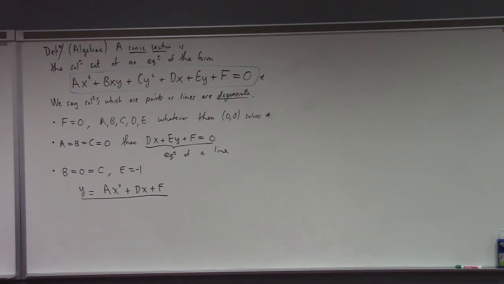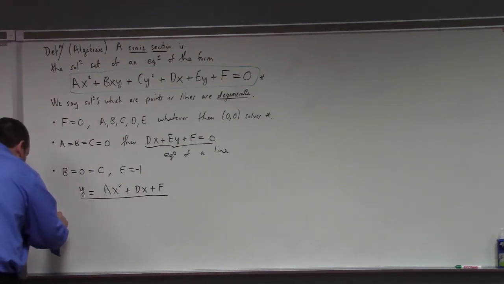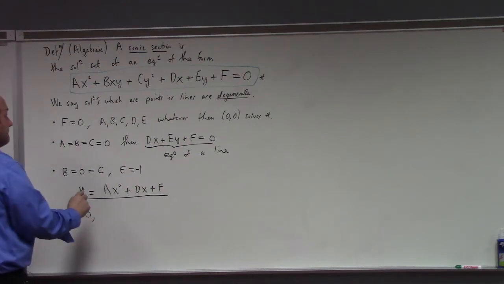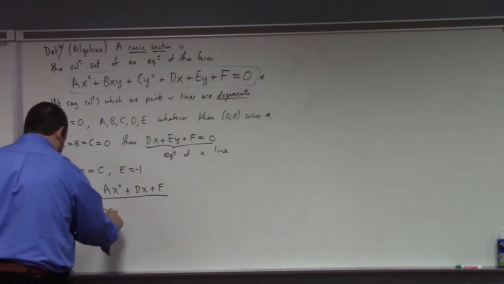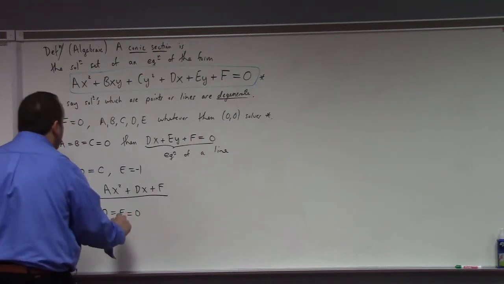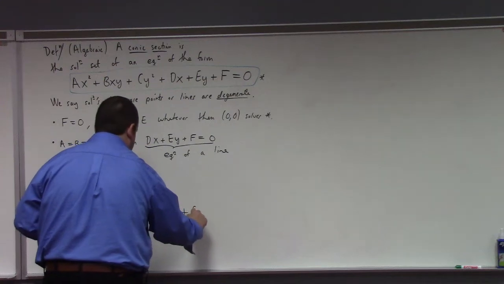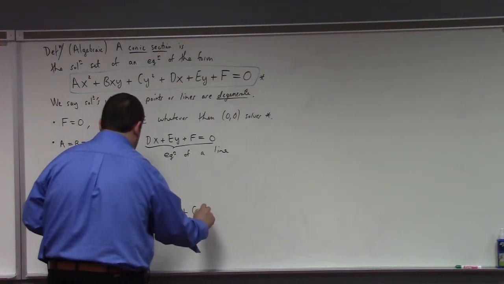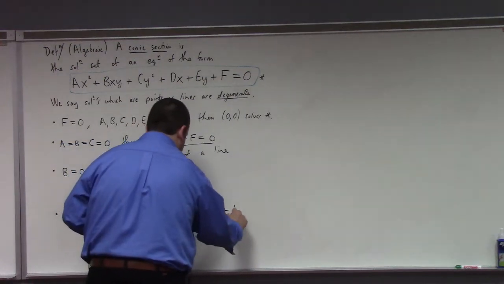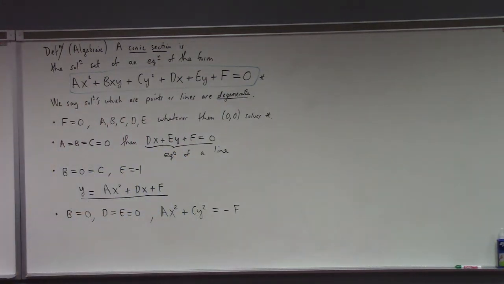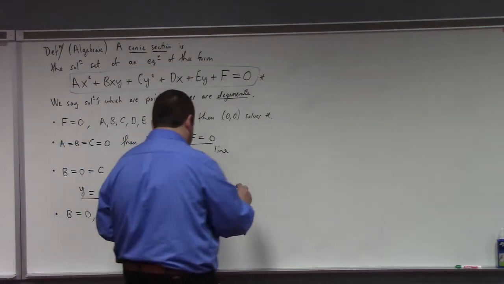How do we get an ellipse from this equation? D and E equals 0. So that would give us something like AX squared plus CY squared equals minus F. And then, how do we like to write ellipses typically?